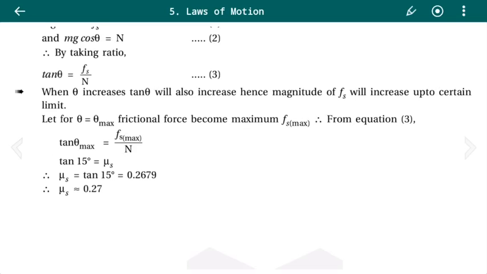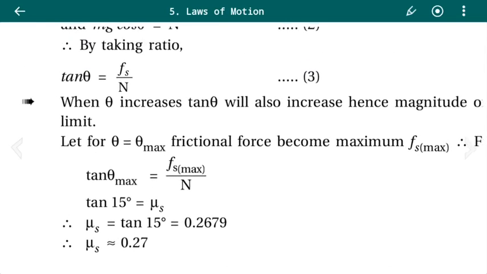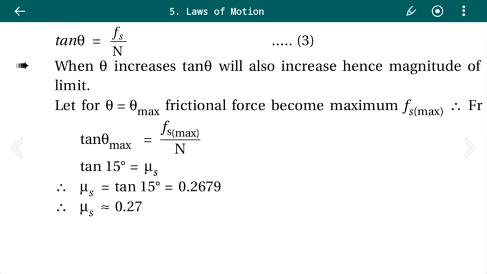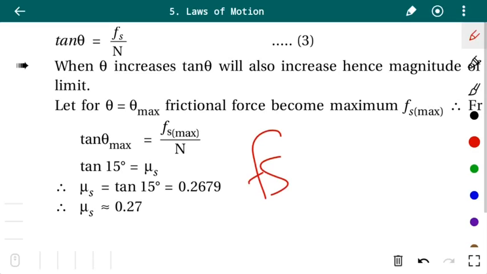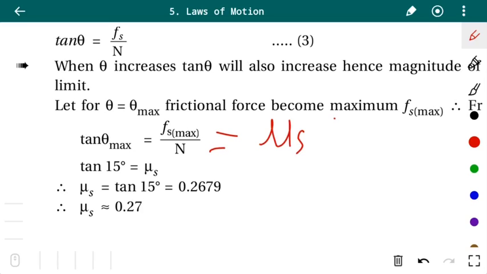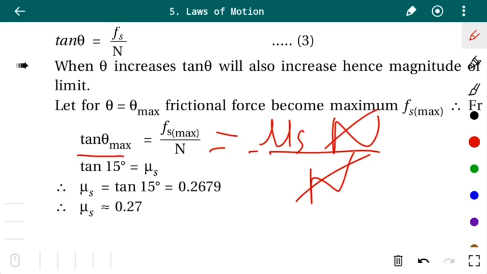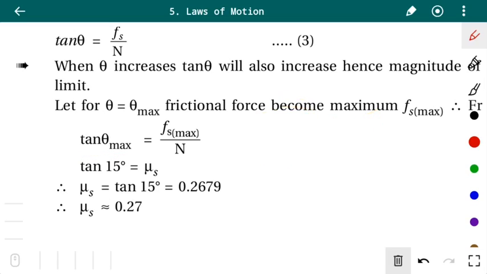Now here for theta equals theta maximum, frictional force becomes maximum Fs. So from equation 3 we can write tan theta max equals Fs max upon N. Here we know Fs equals mu s N. So this equation can be written as mu s N upon N, where N gets cancelled. So we are having tan theta max equals mu s.